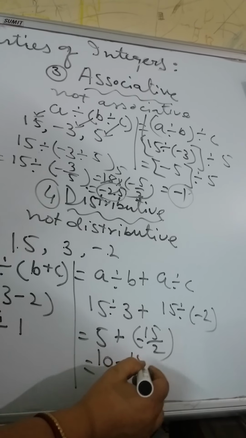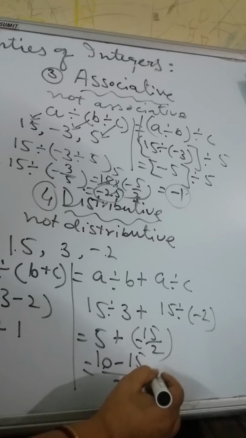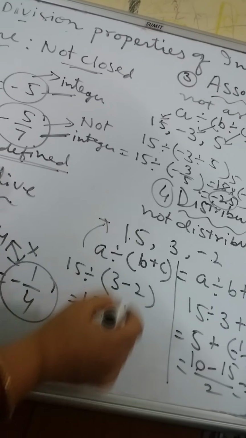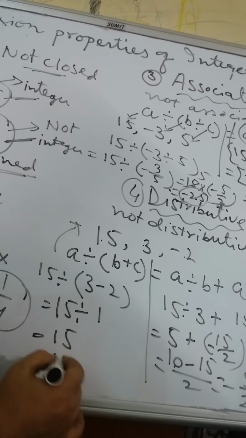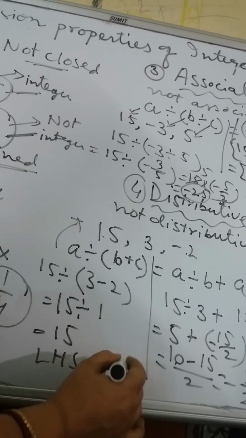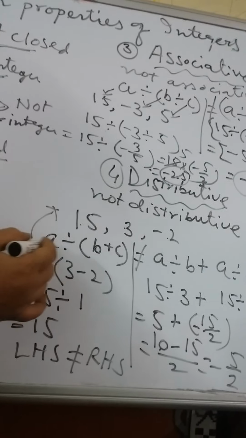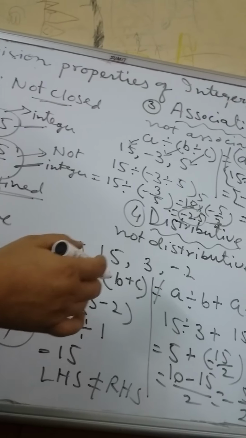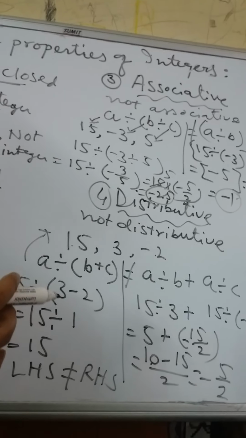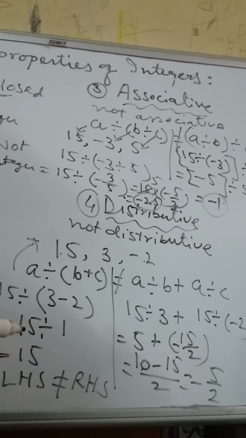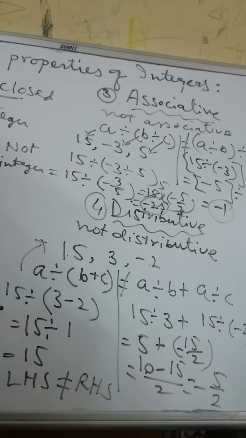Answer will be -5 by 2. So you can see that left hand side is not equal to right hand side. That means this is not true. a divided by (b plus c) is not equal to a divided by b plus a divided by c. Thank you.